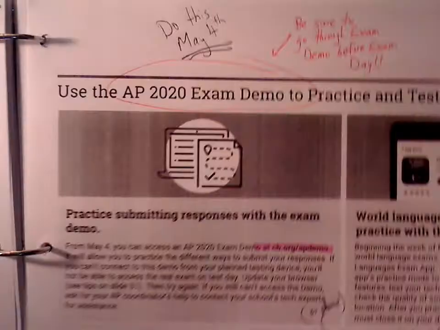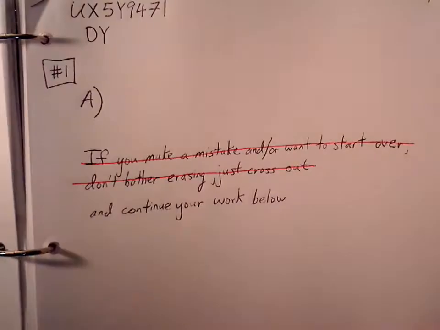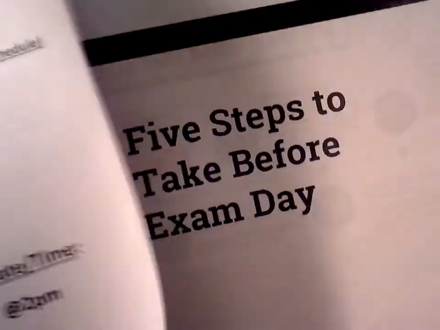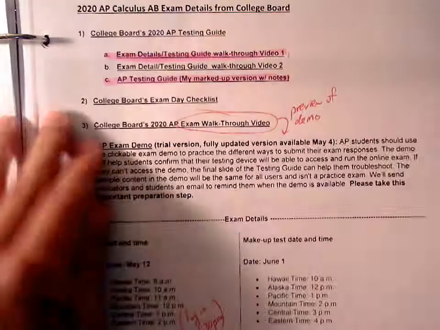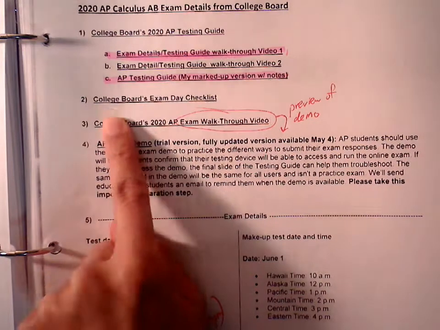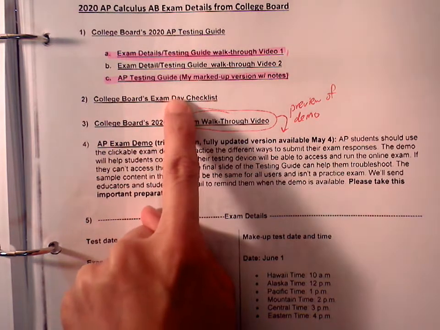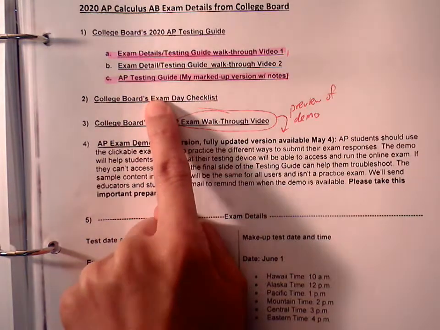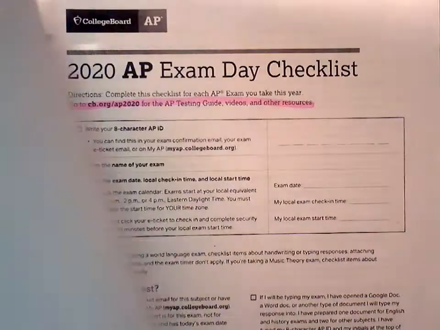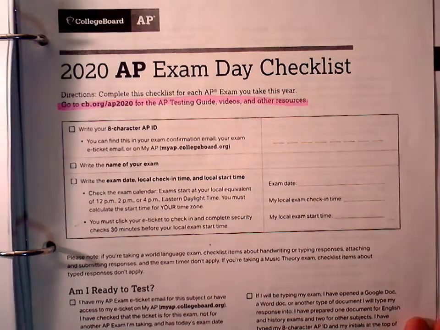And I have this on your page here. Right here, College Board Exam Day Checklist. You can print this out and have this ready next to you on the day of the test.